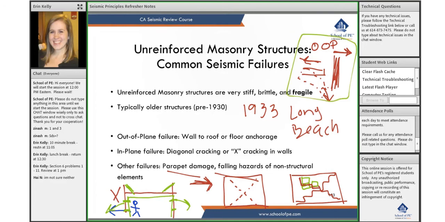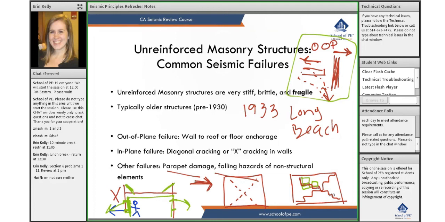So you could still have this out of plane issue. So you could add a frame and then tie the walls in. I've also seen adding wood frame shear walls here, and again tying the walls in, but having the walls take the load. And then of course up here with the parapet damage, you would be bracing those parapets back.